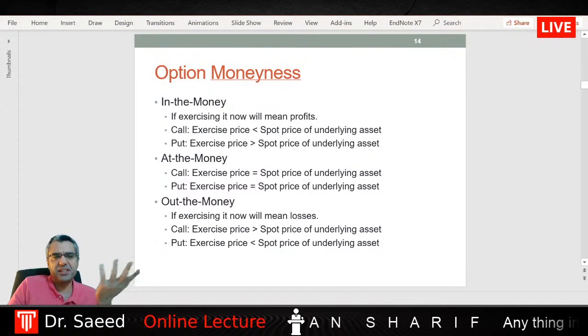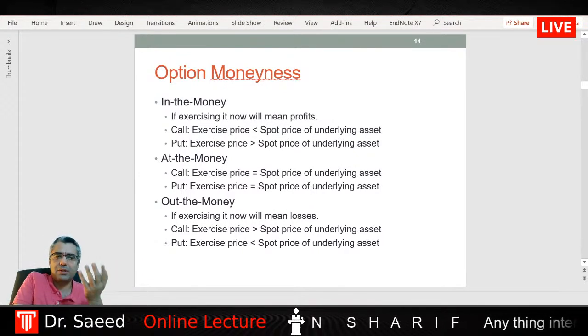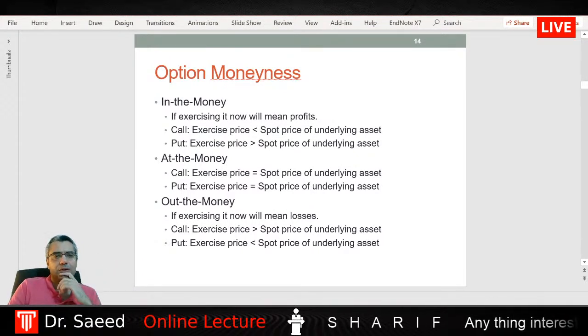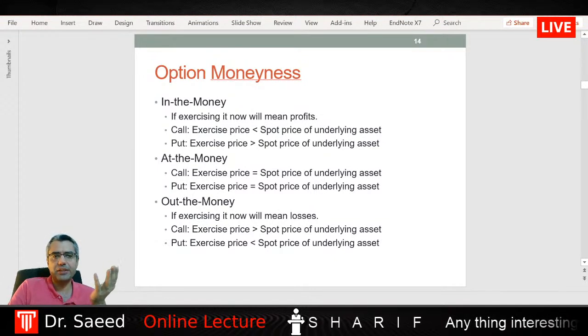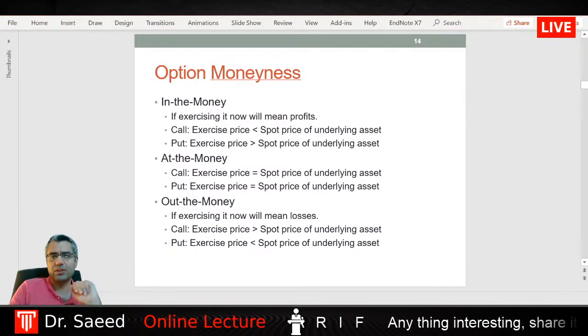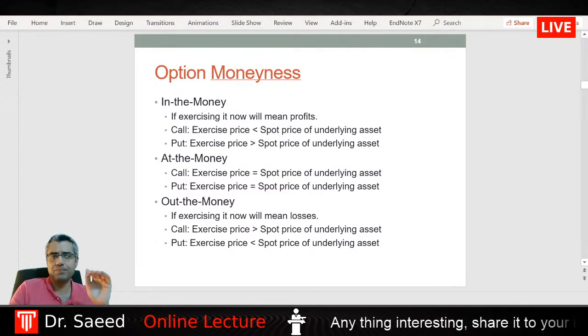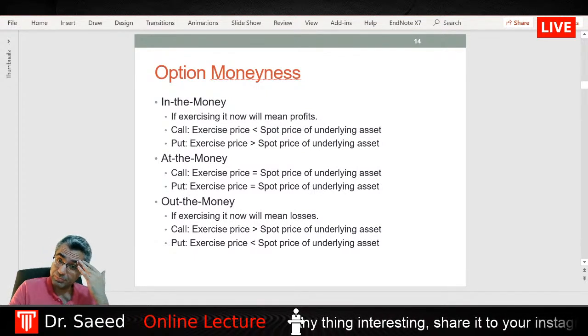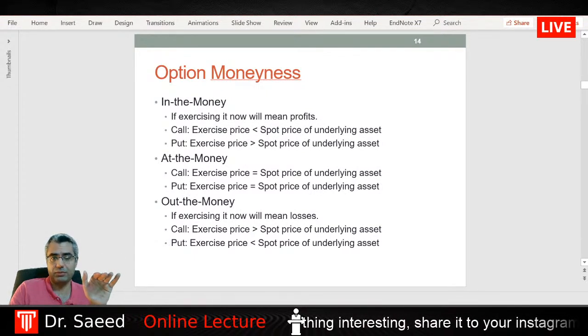There are just three terms I want to share with you: in the money, at the money, out of the money. If exercising the contract now means profit, this is called in the money. If the exercise price equals the spot price of the underlying asset, this is called at the money. And if exercising the contract means loss, this means out of the money.